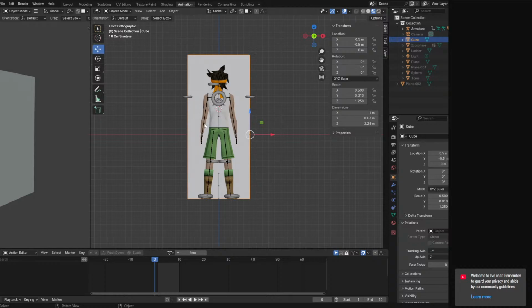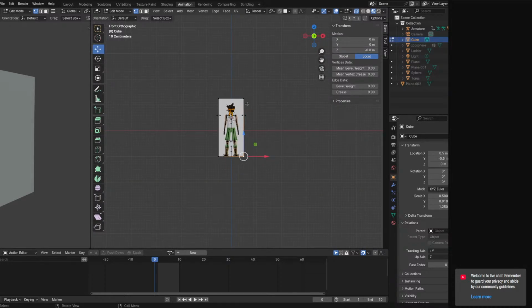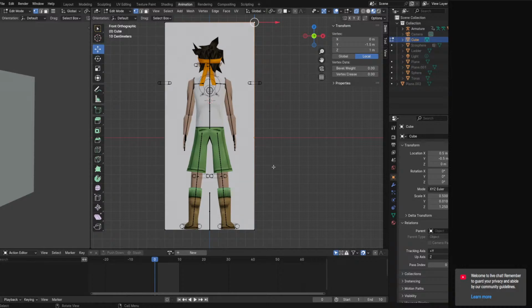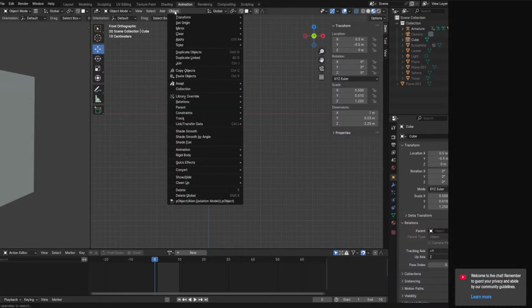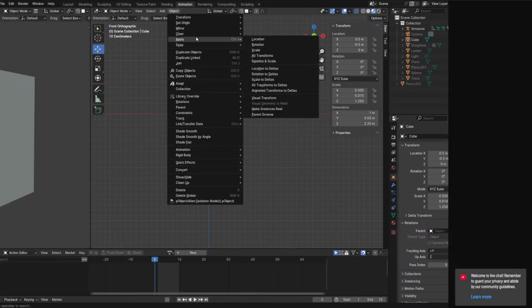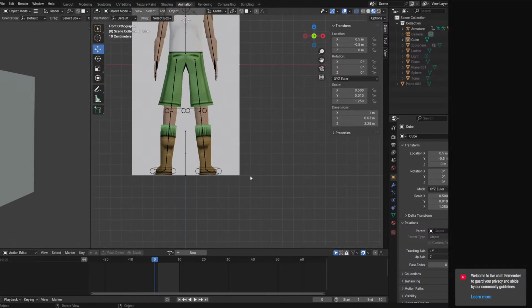So the door is about... what's wrong with the... Okay, I understand.